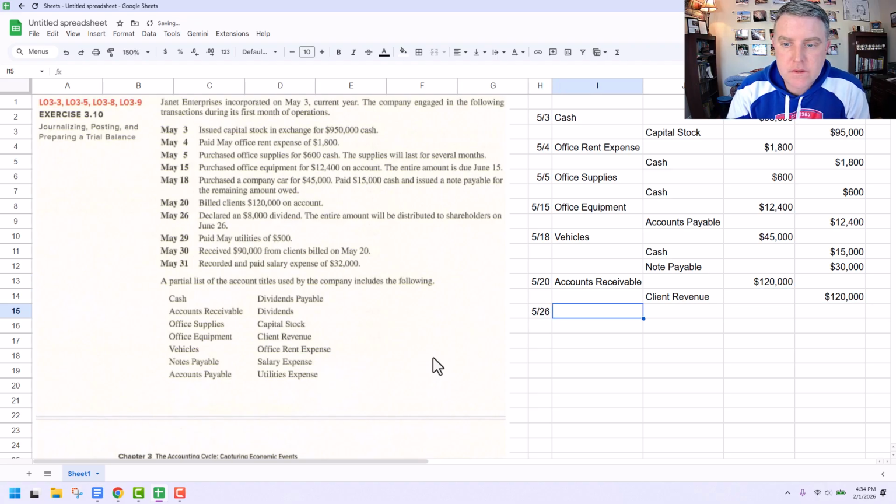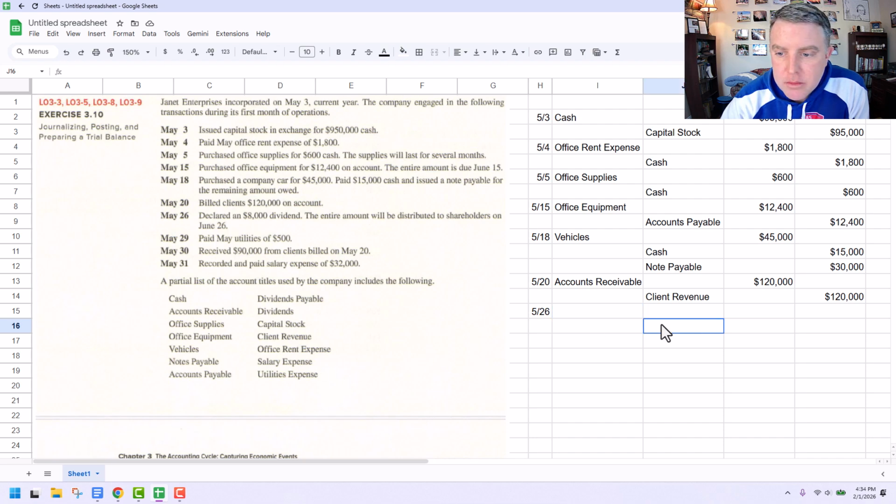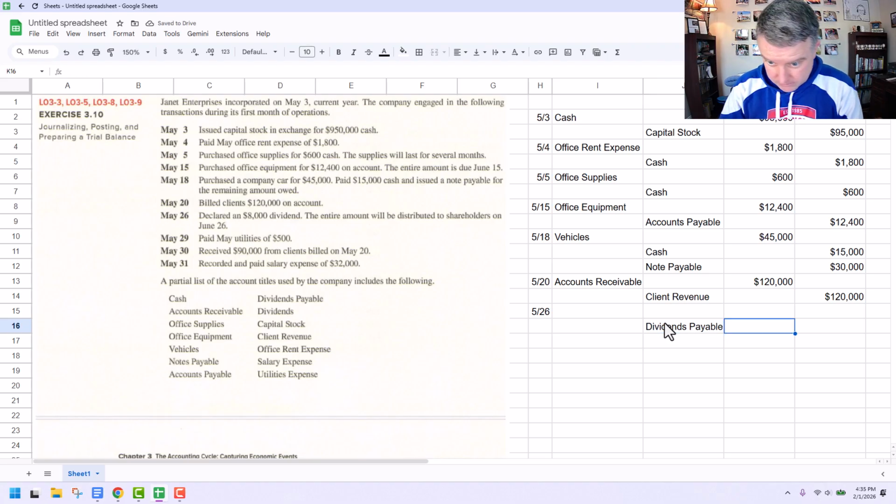May 26th, they're telling us they declared a dividend of $8,000. That is income that we've made that we're going to return to shareholders. So we have a liability for dividends payable that we haven't paid yet, and the amount of the dividend is $8,000.